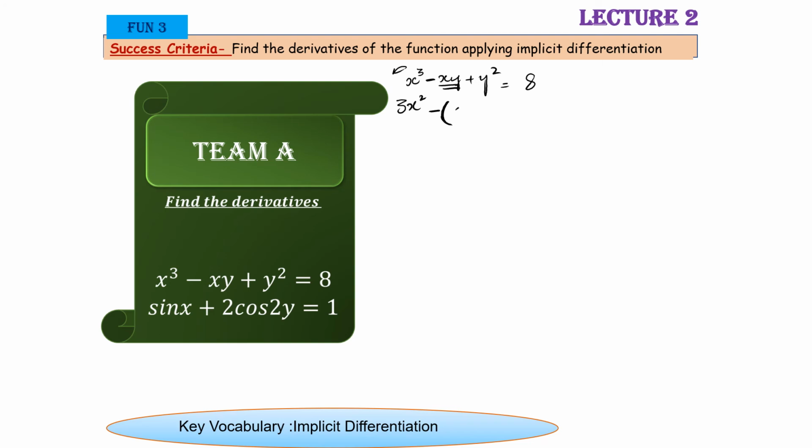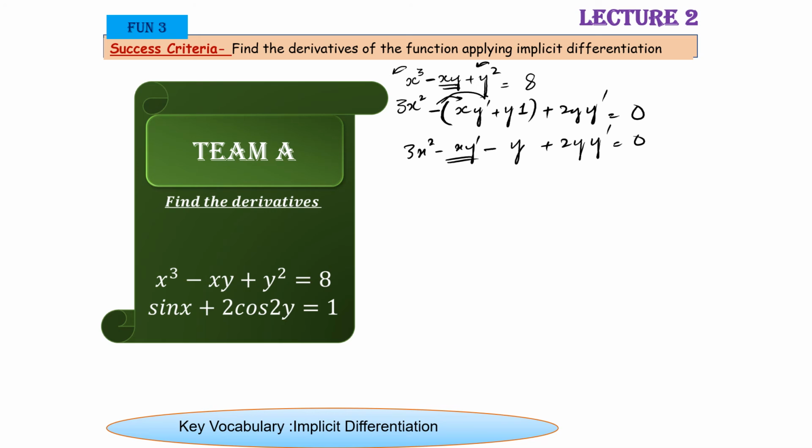Derivative of xy by using the FG formula, it will be xy prime plus y x prime is 1, plus derivative of y square is 2y y prime equals to 0. Now open the bracket with the negative sign, so you will get 3x square minus xy prime minus y plus 2y y prime equals to 0.